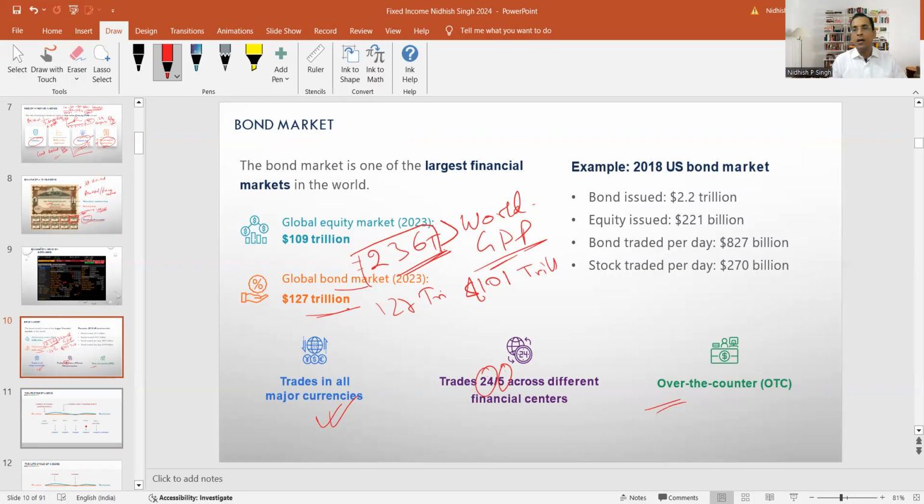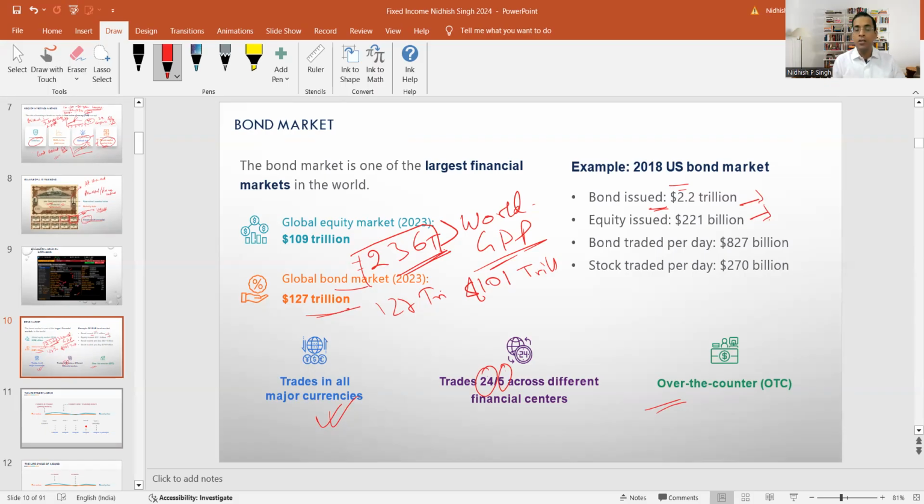Finally, let's look at some of the volume and liquidity figures. As per 2018, bonds issued were 2.2 trillion, just for the 2018 market, and equity issues were 221 billion. This is fresh issuance, not the total cumulative amount.